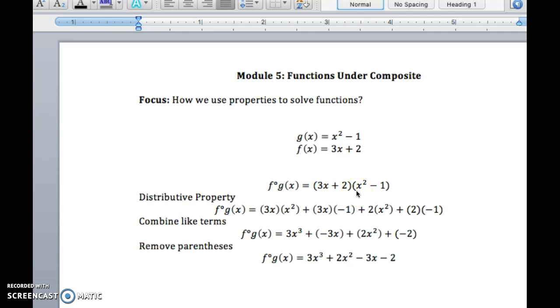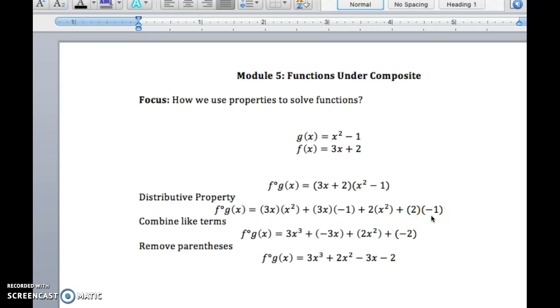So then I use the distributive property, I believe, and distribute the 3x to the x squared. So I get 3x times x squared plus the 3x times the negative 1, then plus 2 times the x squared plus 2 times negative 1.